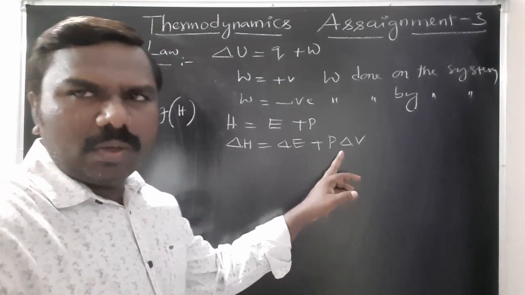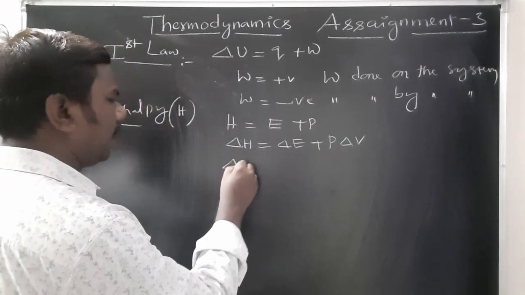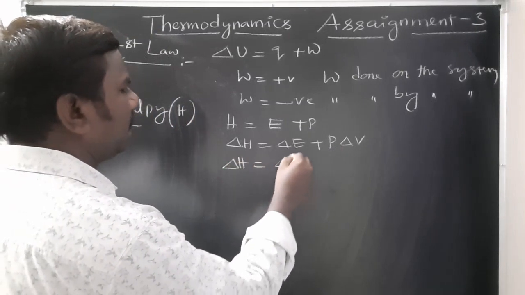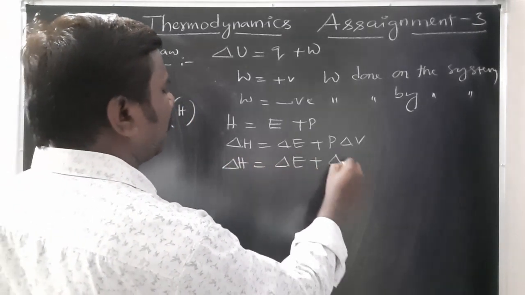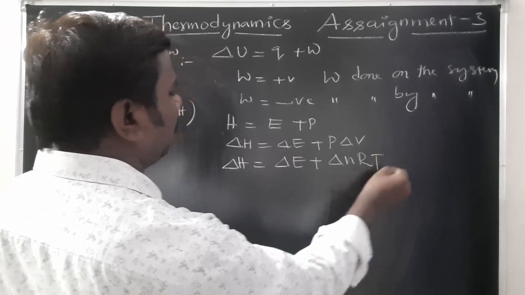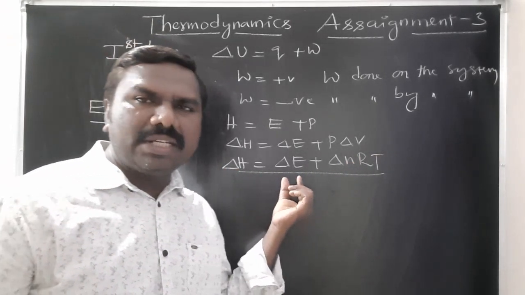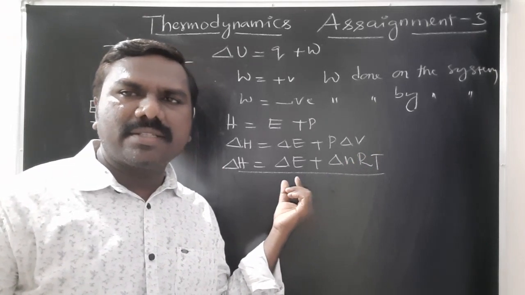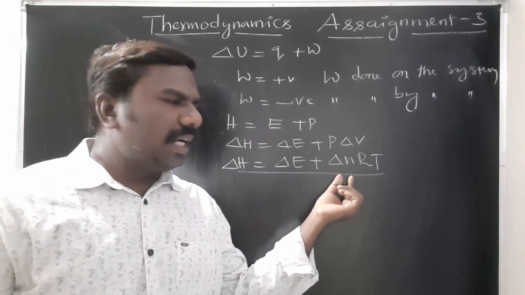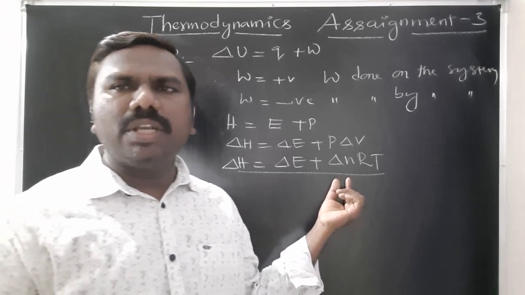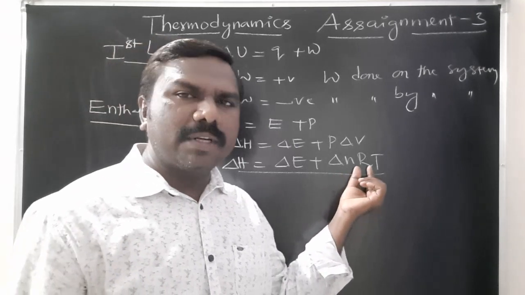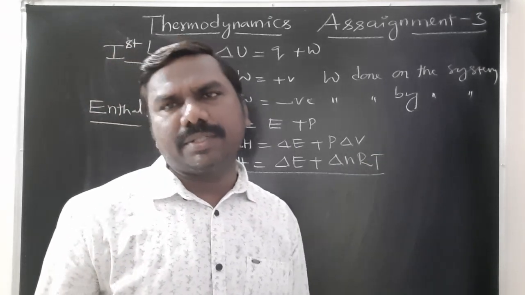We already know PV is equal to nRT. So delta H is equal to delta E plus delta n RT, where delta H is the change in enthalpy and delta E is the change in energy, which you can also take as delta U. Delta n is the change in number of moles, R is the universal gas constant, and T is temperature.